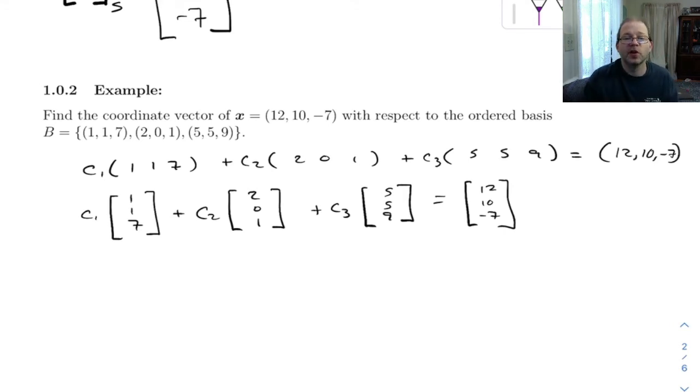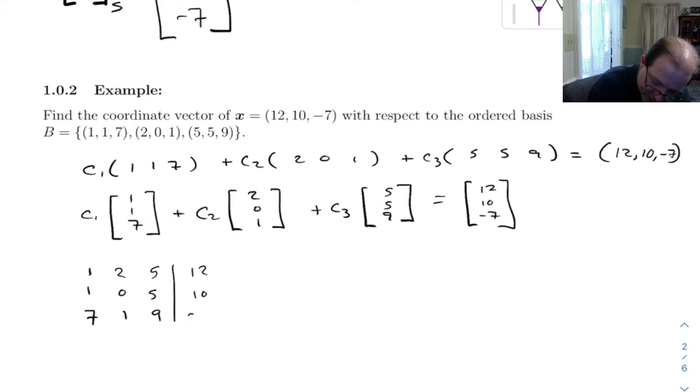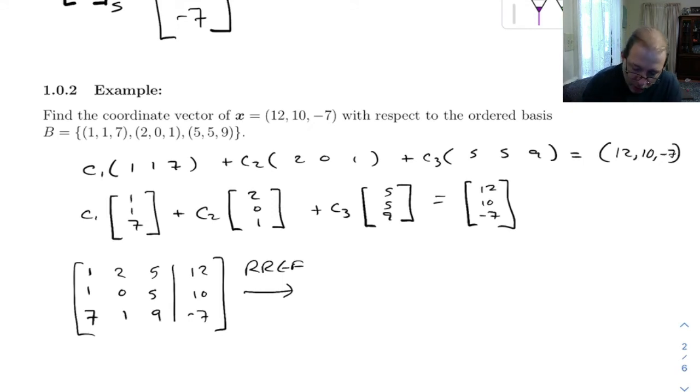And of course, the way you solve this is by putting it into an augmented matrix and row reducing it. So you get 117, 201, 559, and then 12, 10, negative 7. Now, we're going to row reduce this. Before we do it, though, let's think about something. These three vectors here form a basis.